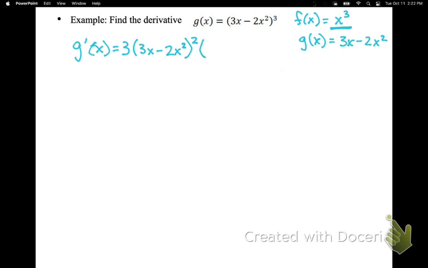Times the derivative of the inside. Well, the inside, we're just going to use our normal rules, right? So the derivative of 3x is 3, and the minus, and the derivative of 2x squared is 4x.